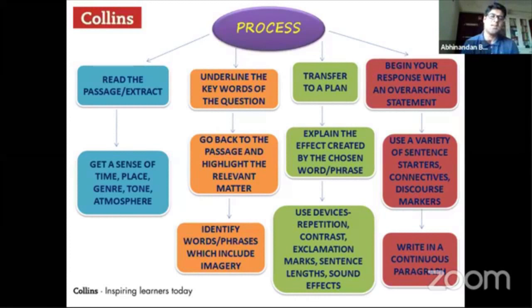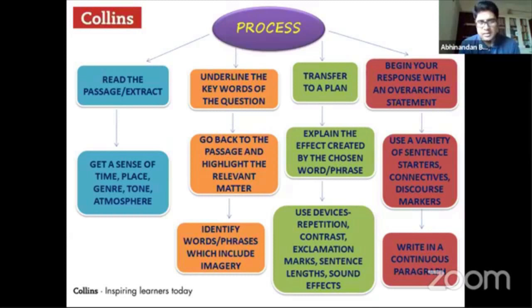It's important to identify just the words or phrases. Now, in this context, I would like to say something. Often we find our learners picking up an entire chunk of the sentence, or even the full sentence. Please, I think we should discourage that. That's not appropriate. The question clearly asks to identify or choose words or phrases, not a full chunk of the sentence.